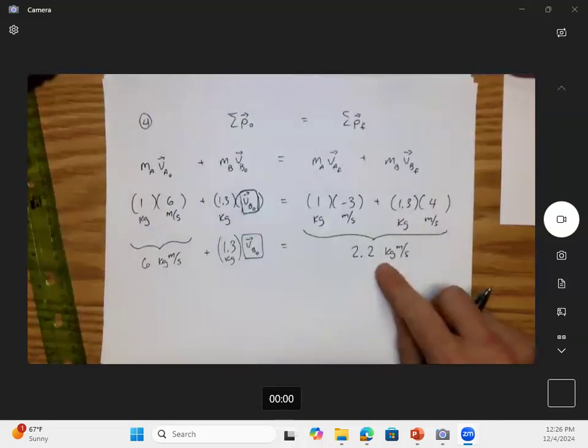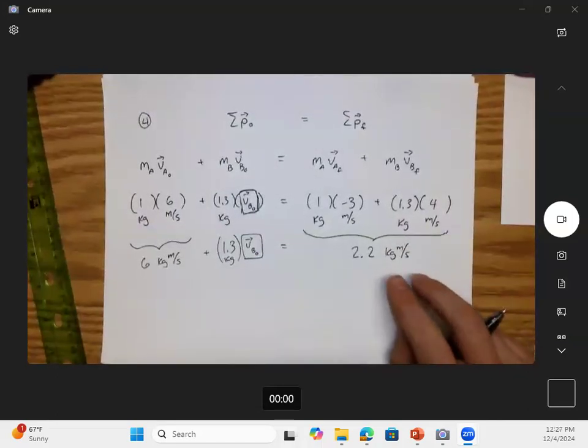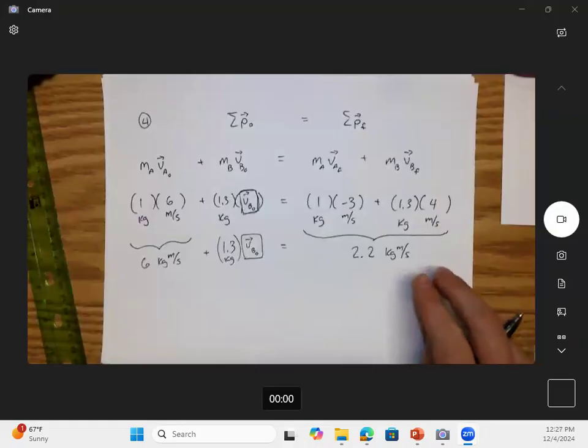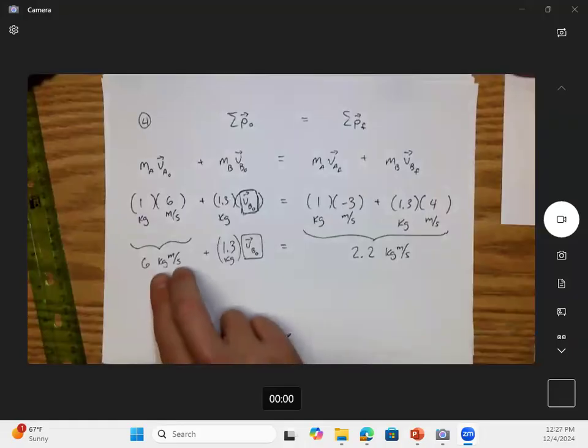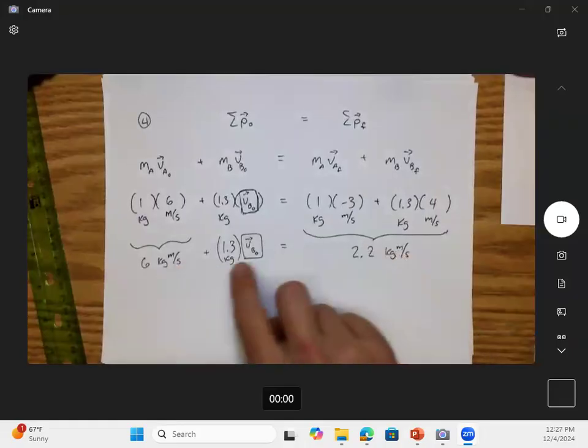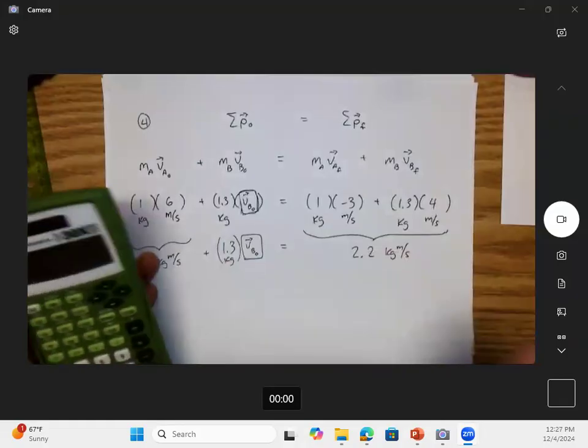Okay. So at least on my paper with my numbers, I have this much momentum in the system, which means that there was always that much because this is a closed system. So that's also true before. And I can finish this with algebra. All I have to do is subtract this over and then divide by this coefficient mass right here. Okay.